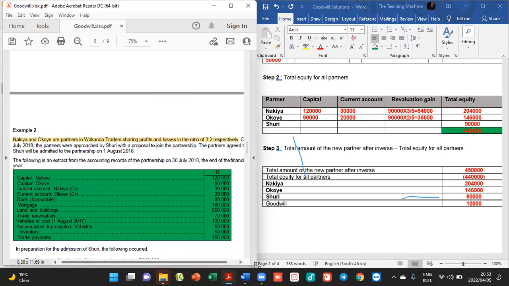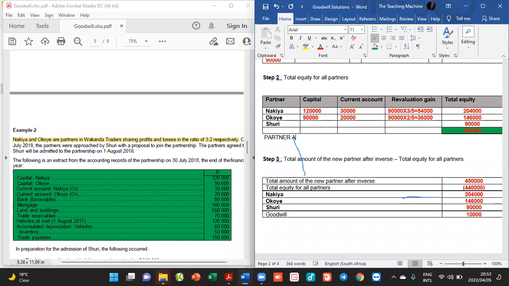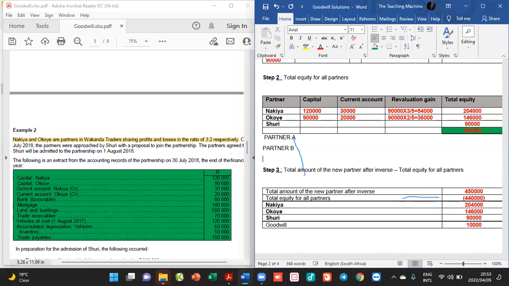Now, say for example, this is partner A, and this is partner B. They enter into a partnership and they decide to share profit in the ratio 1 is to 3.